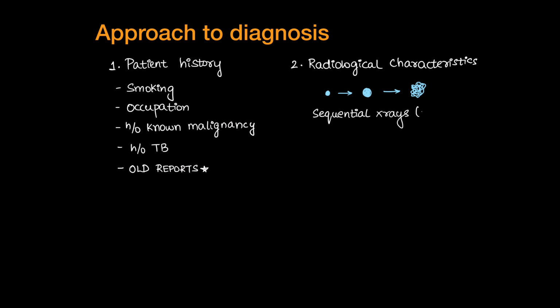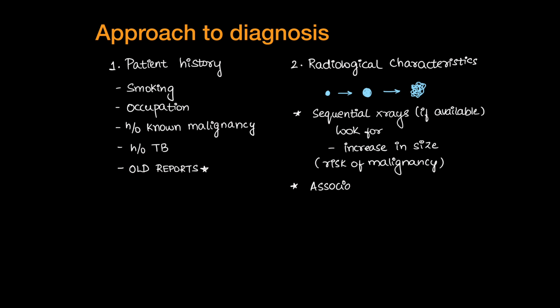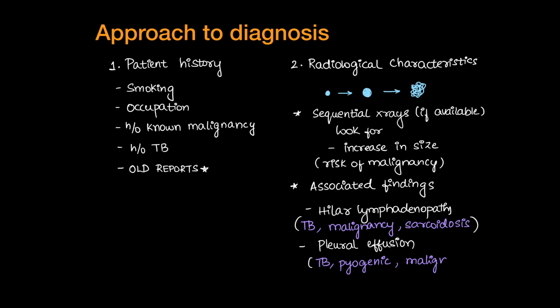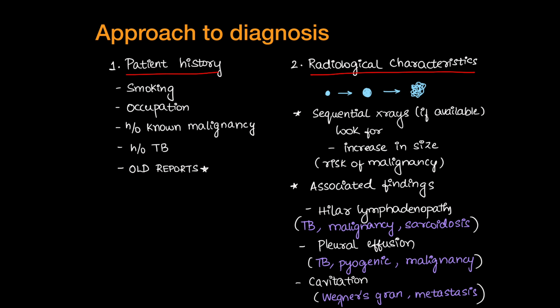Look for growth of the nodules, increase in size or change in margins, because it shows risk of malignancy. We have to look for associated findings like hilar lymphadenopathy, which may be present in TB, malignancy and sarcoidosis along with nodules. Look for pleural effusion, which can be seen in TB, pyogenic infections or malignancies, and look for any cavitation within the nodules, which is common in Wegener's and metastasis cases.